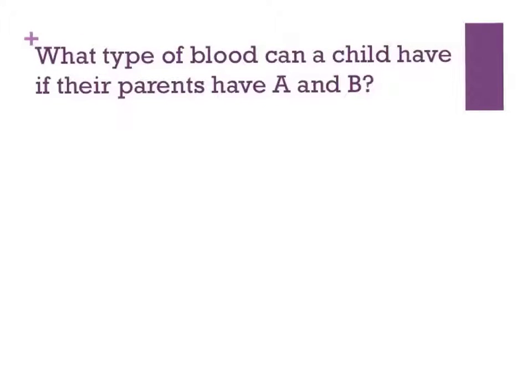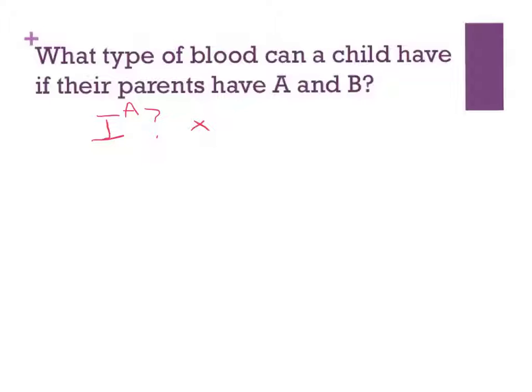Stepping it up and being a little bit more complex here, now we've got a situation that's kind of different. If one parent is type A, we know they've got at least one A, but we don't know what the other one is. It could be another A allele, or it could be an i allele.